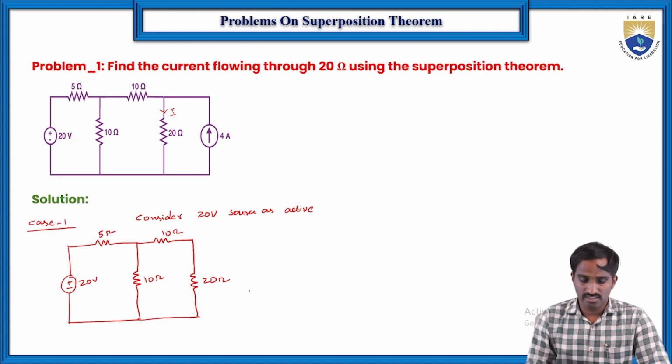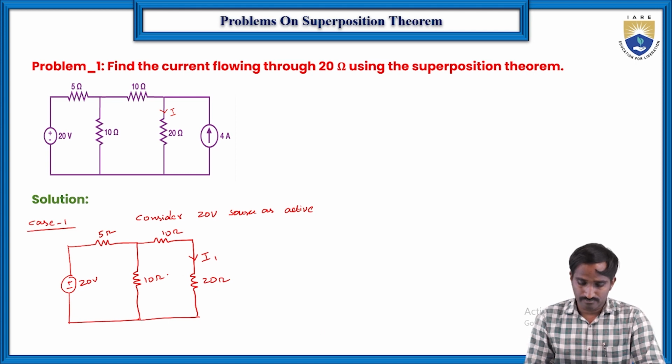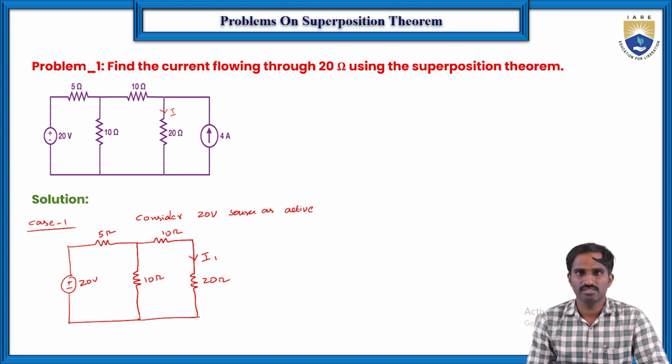Let us consider the current flowing through this 20 ohms resistor as I1. Now we need to find it. There are various methods. One way is to find the total current flowing through the 20 volt source and then apply the current division rule to find the current through the 20 ohms resistor.